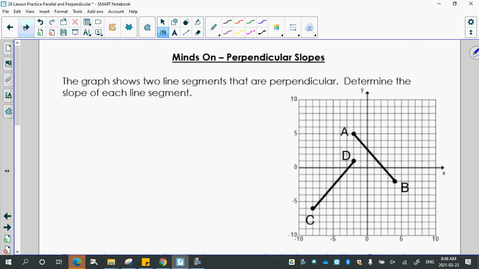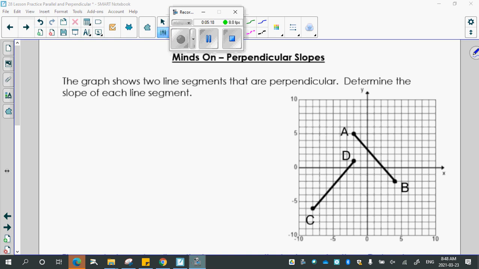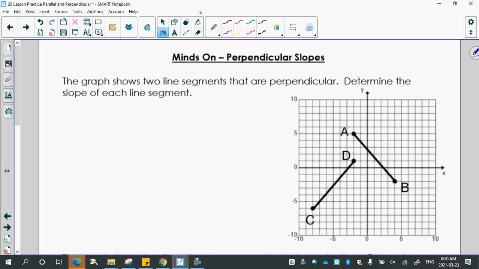So the graph shows two line segments that are perpendicular. Determine the slope of each line segment. Okay, so you should be able to, I'm just going to pause it, find the slope of each. So the slope of AB. Make a right triangle there.